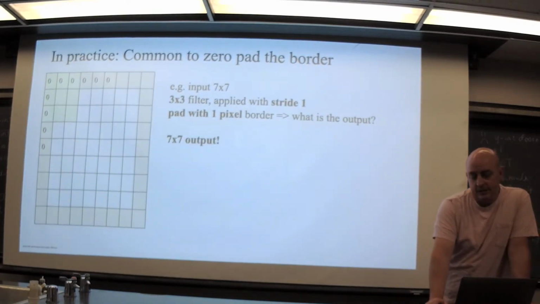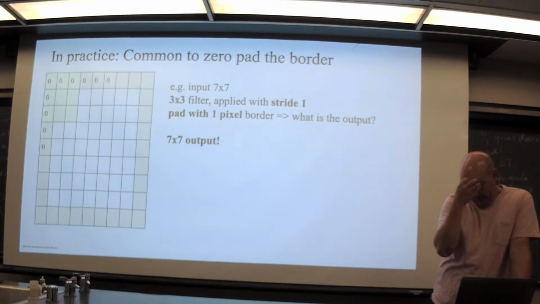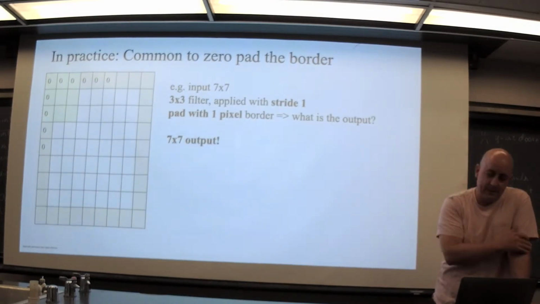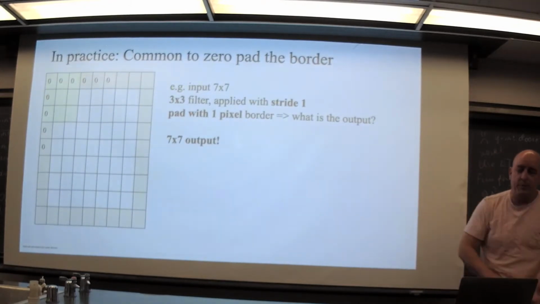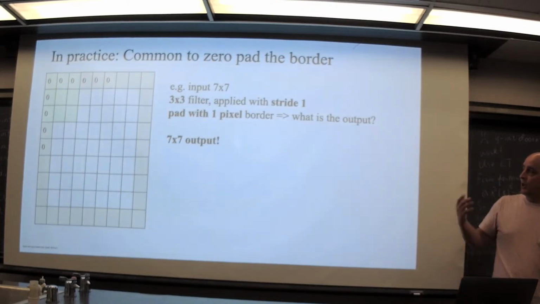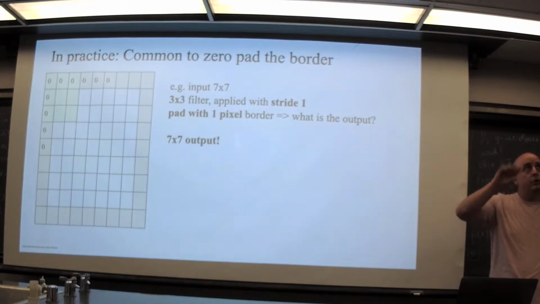And that's actually kind of nice. This is almost always done. I don't know of examples of convolutional networks that don't have the padding, but you almost always do this so that it's not one of the things you have to think about. You don't get a reduction in your spatial dimensions from the convolution.